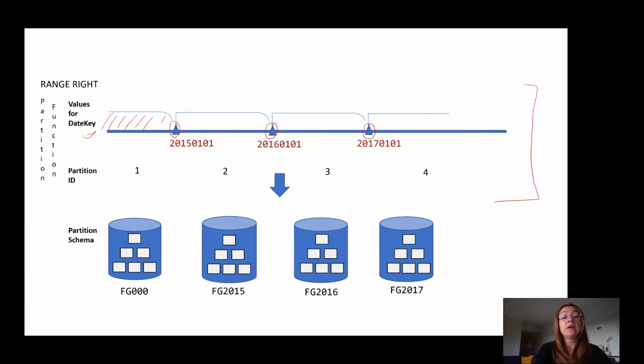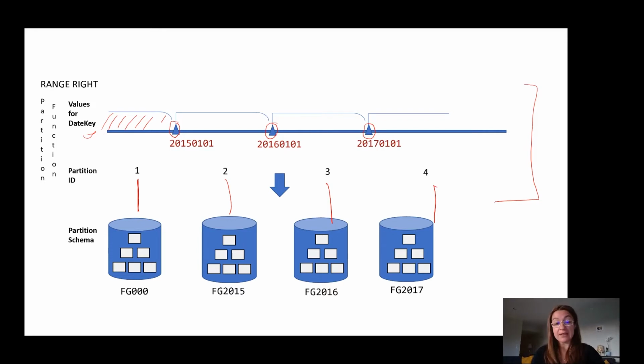So in this case, I have 4 IDs, and this partition ID maps to a partition scheme. So the partition scheme defines the mapping between the partition ID and the filegroup. So in this particular case, for every single partition, I will have its filegroup where the data will be stored. So I'm going to return to range left and range right later in my presentation.